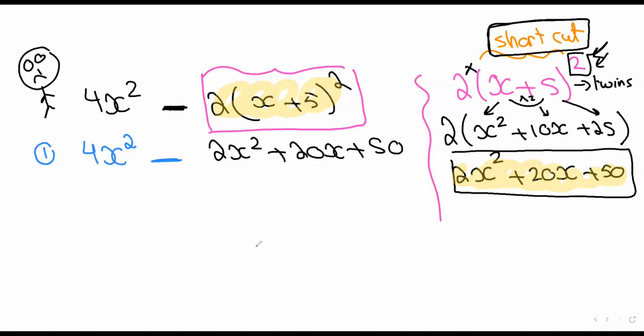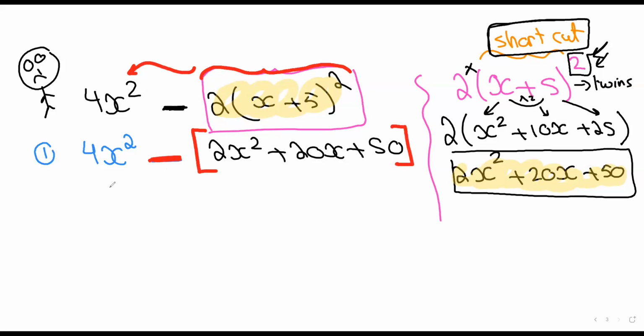I did a huge mistake over here. Can anyone tell me what this huge mistake is? The huge mistake is that I didn't place this answer in a big bracket, because there is a minus sign over here. So I am subtracting the answer from the first term.